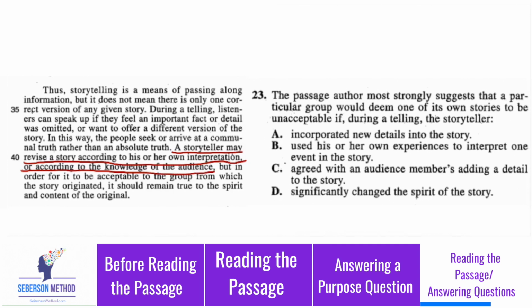Okay, so you can use your own interpretation. C, agreed with an audience member adding a detail. I already saw it here. During a telling, listeners can speak up if they feel an important fact or detail was omitted or want to offer a different version of the story. There you go. So all of these things could be done.